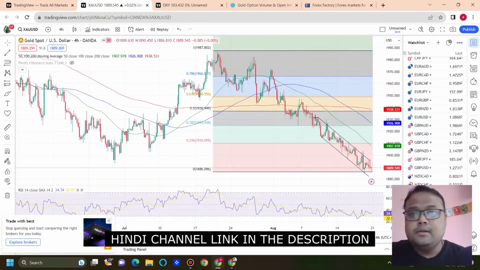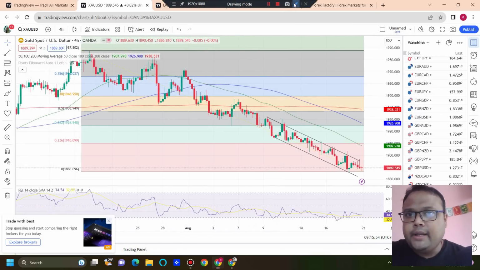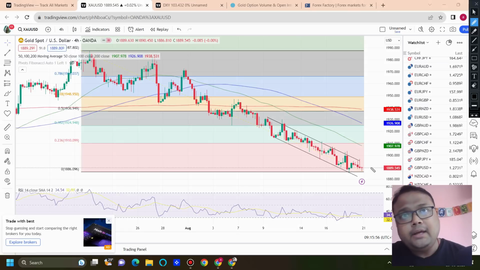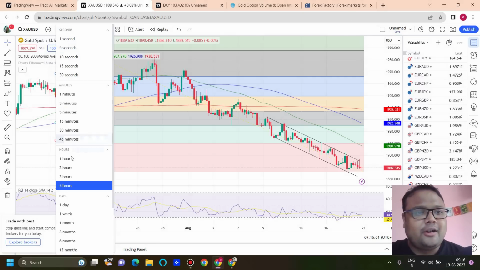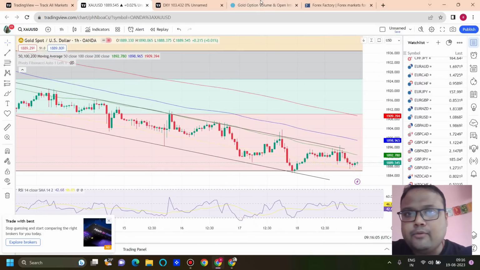Okay, so this is the chart, and on Monday, right after the market opening, we need to observe the volatility of the market here. As we all know, the volatility of the market plays a very dominant role. Right now I'm on the 1 hour time frame of gold here.